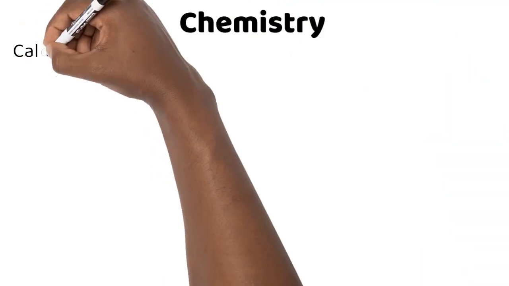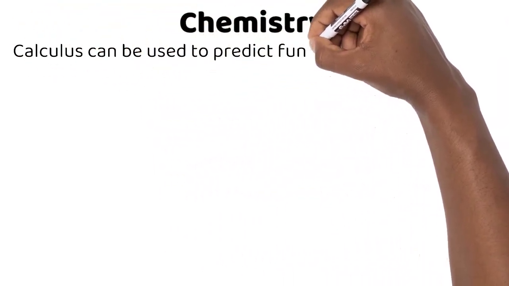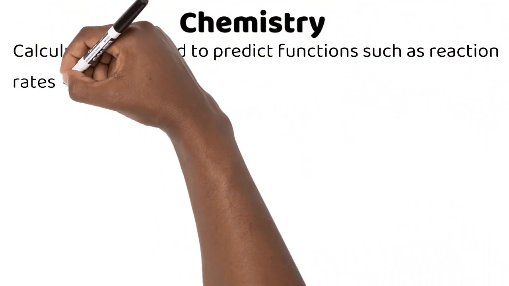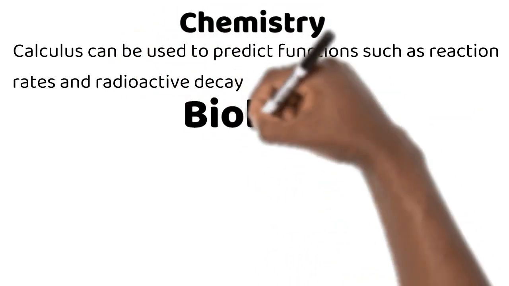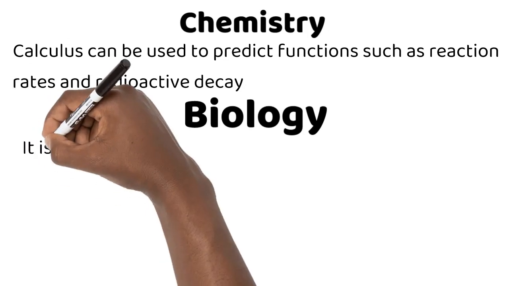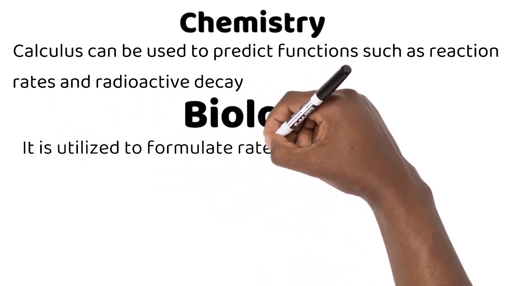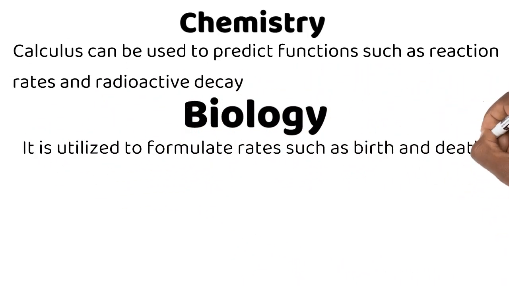In the field of chemistry, calculus can be used to predict functions such as reaction rates and radioactive decay. Meanwhile, in biology, it is utilized to formulate rates such as birth and death rates.